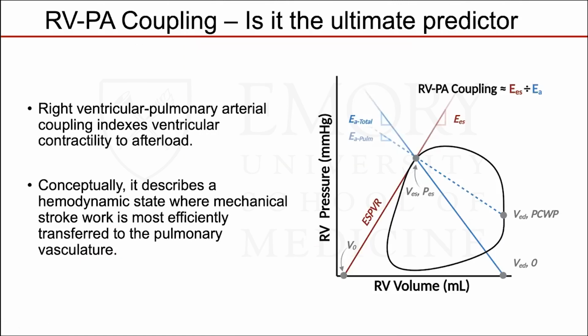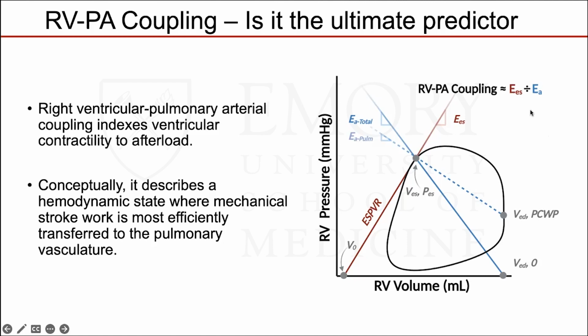Then a new concept of RVPA coupling is also being introduced as a load independent marker. And conceptually, what it tells is whether the mechanical stroke work generated by the RV is efficiently transferred into pulmonary vasculature.